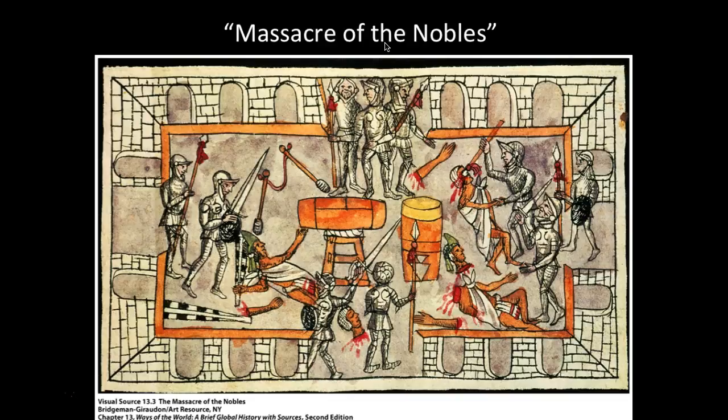This image is called the Massacre of the Nobles, and a few European men came into a sort of religious ceremony. You see drums in the center, and these were Aztec people who did not have arms for the most part, especially not compared to the steel swords that the Spanish had.